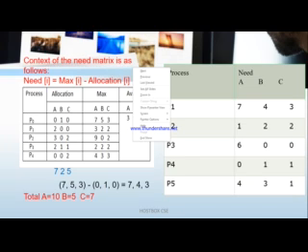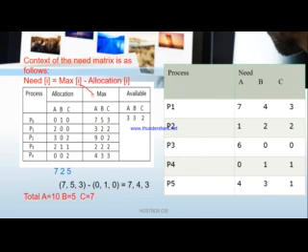Maximum minus allocation is the formula for need. So first this is P0, this is P1, this is P2, this is P3, this is P4. By mistake I wrote it wrongly, so let's put it here.